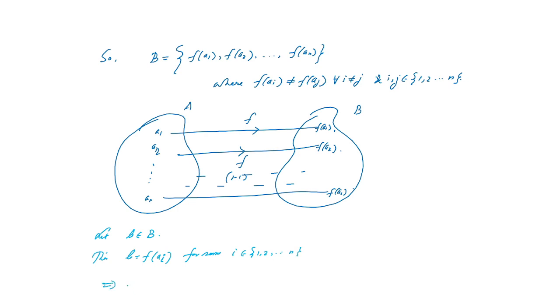So that means every b has a preimage. The element b belonging to capital B has a preimage ai in capital A.